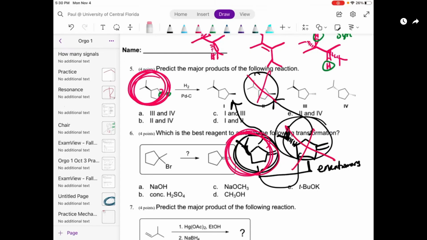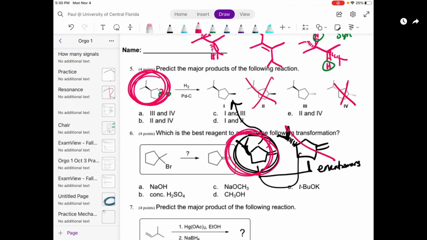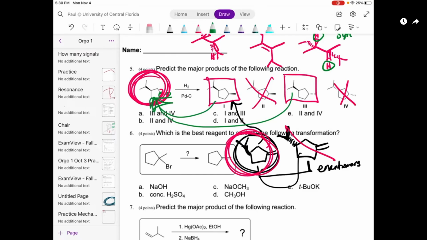So right out of the gate, you can see that this cannot be an option because it comes from the wrong enantiomer. Okay, and same with that guy. Those two right there are going to come from the same molecule, that guy and that guy.